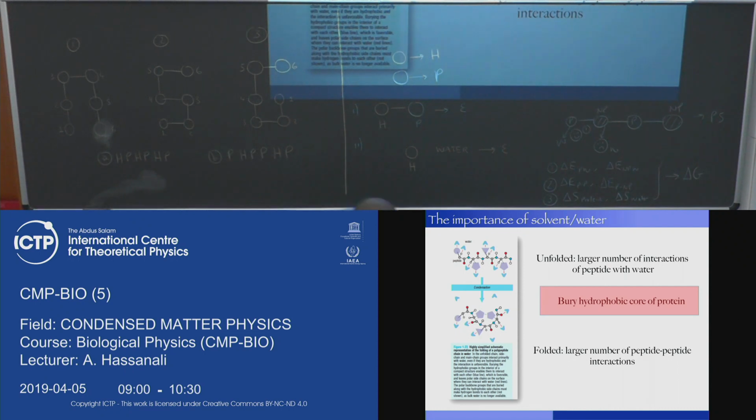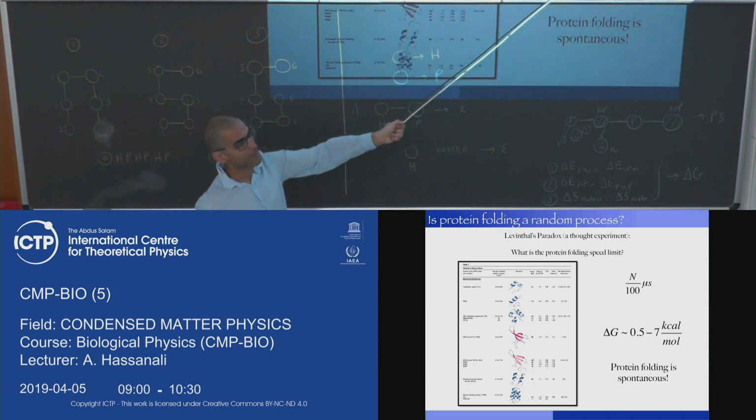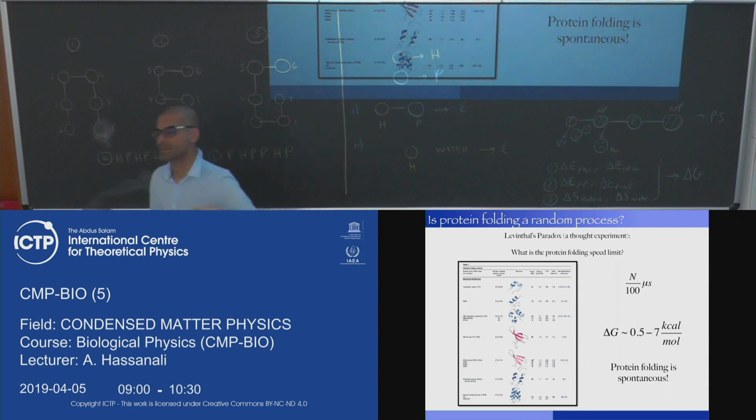And just to give you a sense of these numbers, the delta G of protein folding has been measured both from theory and from experiments. The delta G for protein folding ranges between 0.5 to 7 kcal per mole.